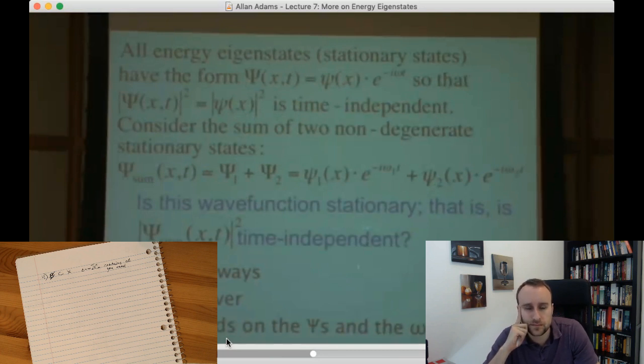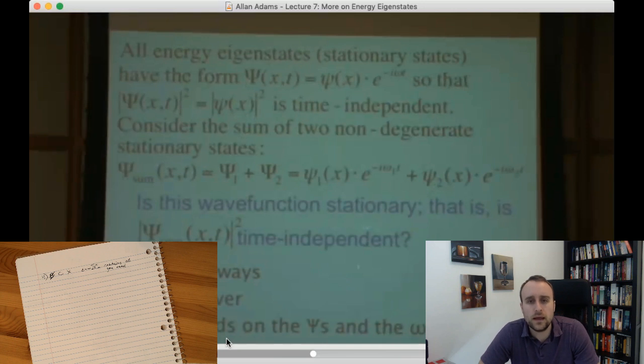Psi sum of x, t is equal to psi 1 plus psi 2, which is equal to psi 1 of x times e to the negative i omega 1 t plus psi 2 of x times e to the negative i omega 2 t. Is this wave function stationary? That is, is the sum time independent?